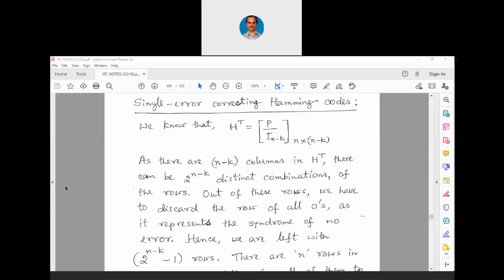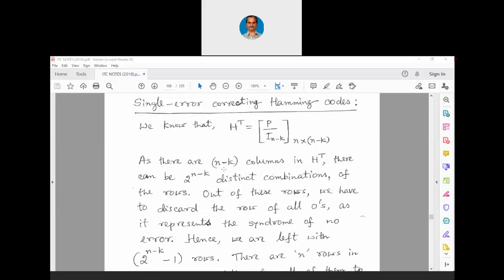We know that H transposed is the parity matrix at the top and identity matrix at the bottom, and the order of the identity matrix is n minus k, and totally the order of the H transposed is n cross n minus k.